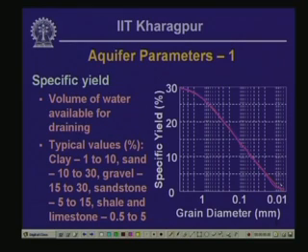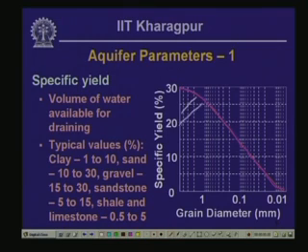So, this is a very approximate correlation between specific yield and grain diameter. You can differentiate the area within the graph into two zones, basically one above the correlation and the other underneath the correlation.